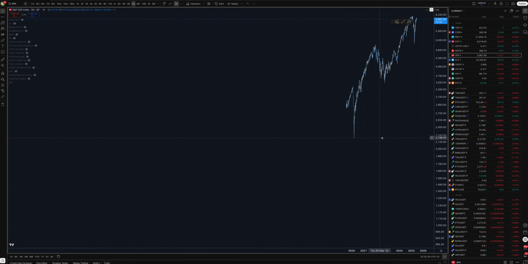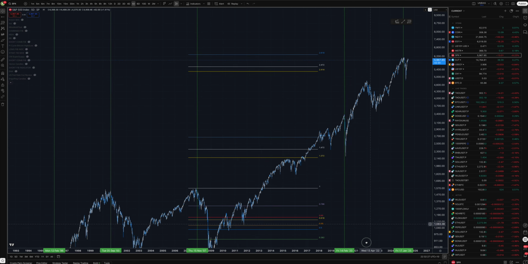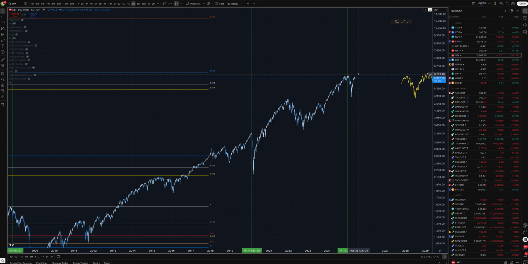Here, as you can see, it's the GFC. Measure out the GFC in its full range, and the 2.618, which is very close, is at 6,300. Might deviate above slightly, but that is the level to be watching should we get there in the near future, and that would be my likely top call for the equities market.